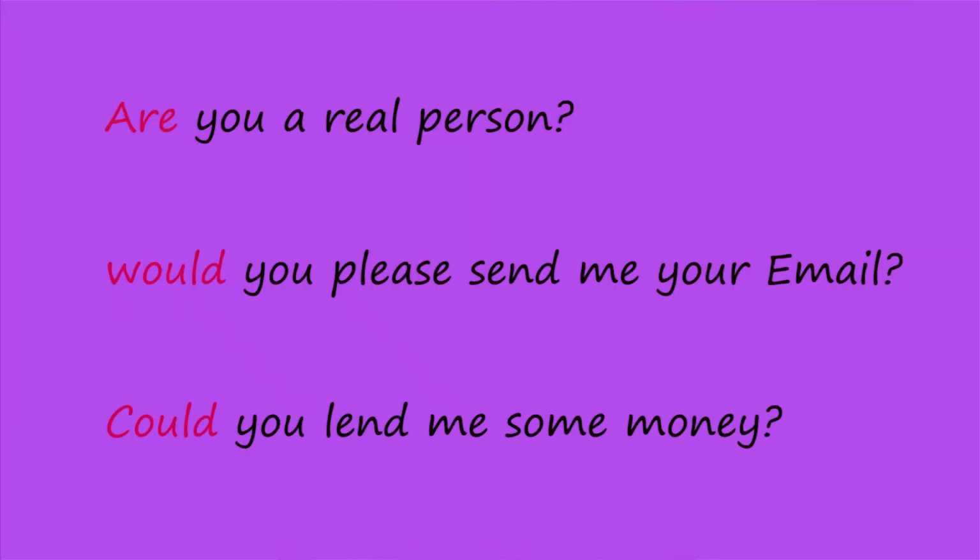Are you a real person? As you see, are is one of the to be verbs. And would you please give me your email address or something like that? As you see, would is one of the modal verbs. And could you lend me some money? As you see again, could is one of the modal verbs.